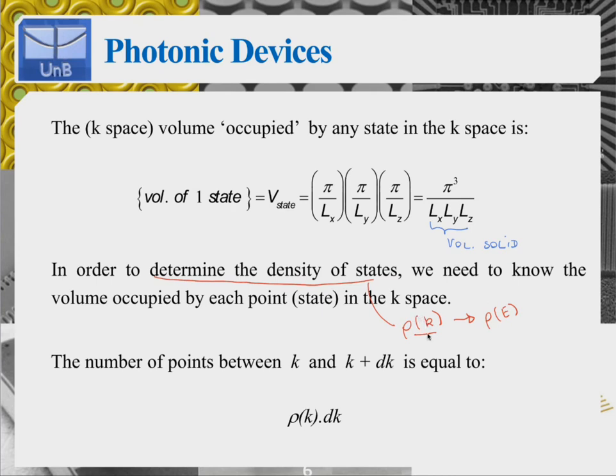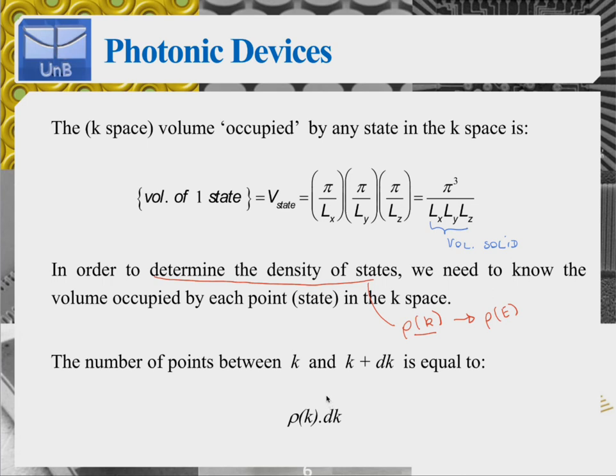By the definition of the density of states, you could define it as a function of k or as a function of E. In either case, it was defined in such a way that the number of points with wave vectors between k and k plus a differential dk is equal to rho of k dk.